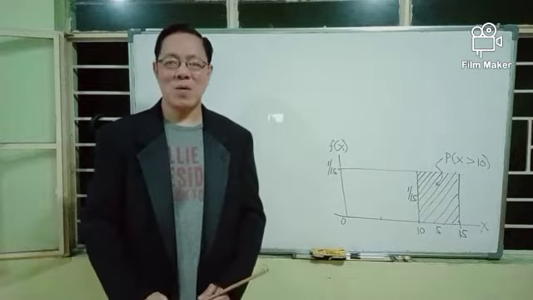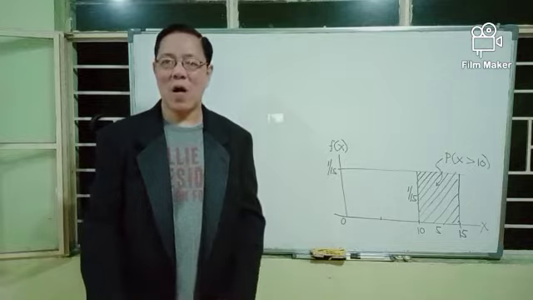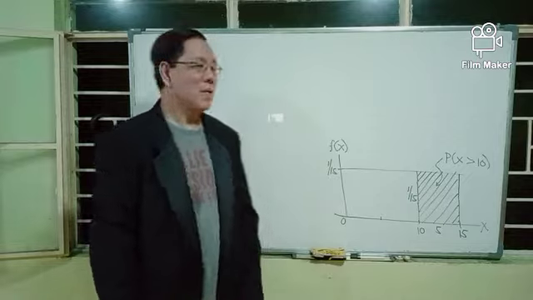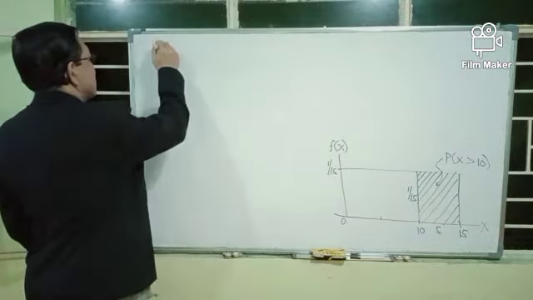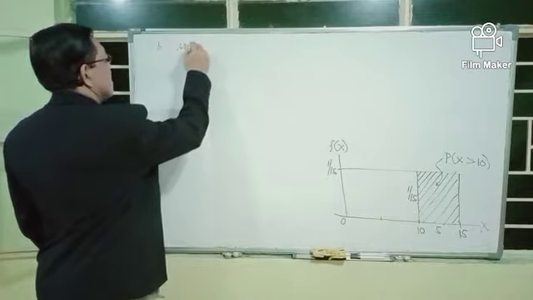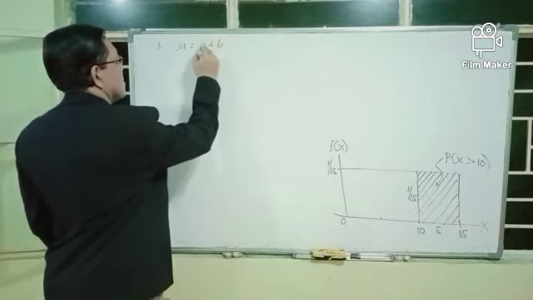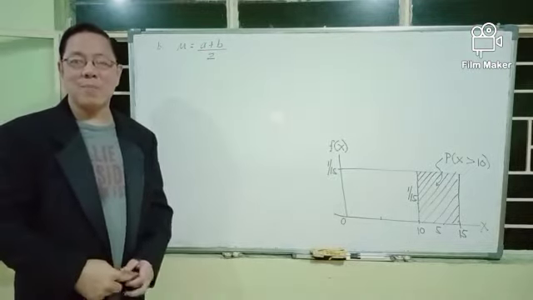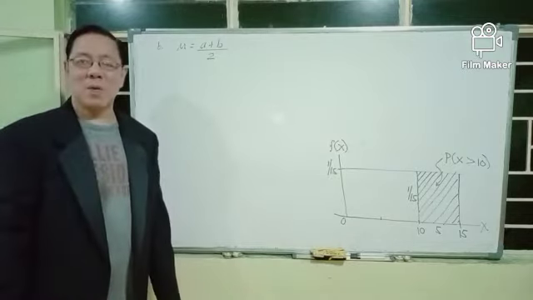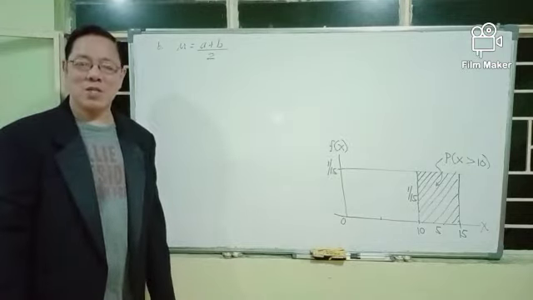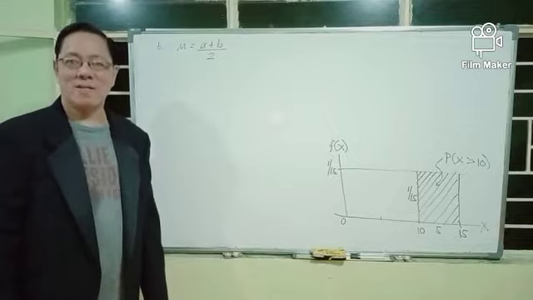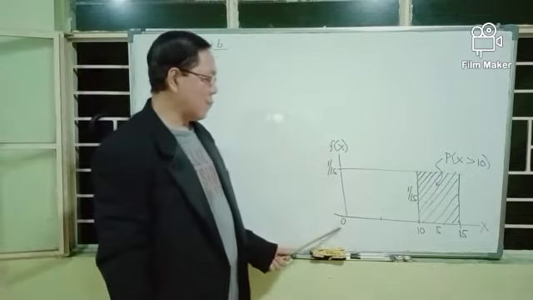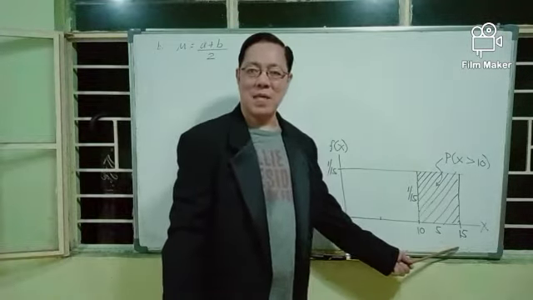For letter B, we now calculate the mean and the standard deviation of our continuous random variable x representing the waiting time. As I said earlier, the mean, denoted by mu, of the continuous random variable x for a uniform probability distribution is the midpoint of the line interval between A and B. In our example, A is 0 and B is 15 minutes.